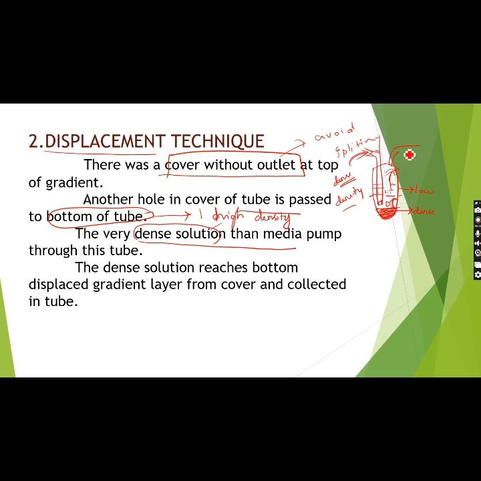There is another tube in the cover. So the low dense solution will reach a tube, and this low dense solution will be separated off or collected fractionally. Based on this, by displacement of the medium with its components by pumping the dense solution, a displacement technique can be used for recovery of the sample.